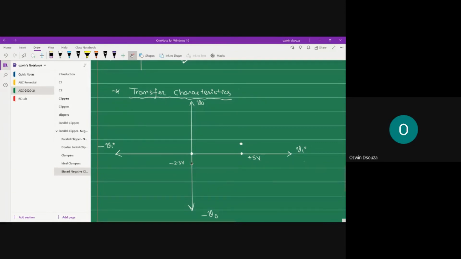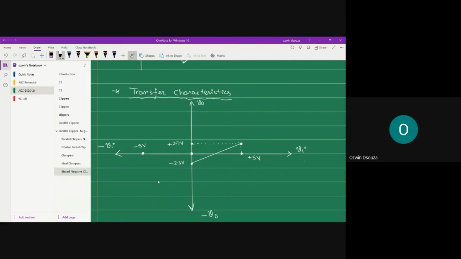What you have to do is just join a line, somewhere here, and draw the projection on the y-axis. So this is plus 2.7 volt. On the other hand, during the negative half cycle, when your input attains 5 volts in the negative direction, your output attains what value?